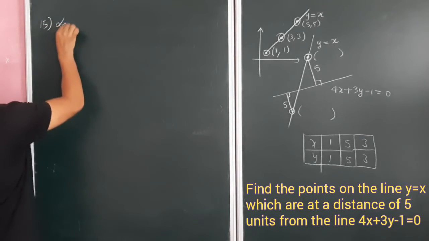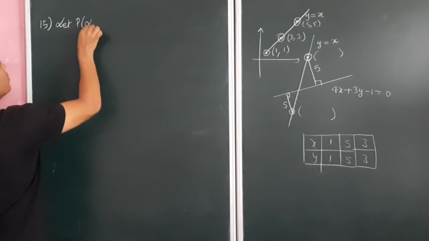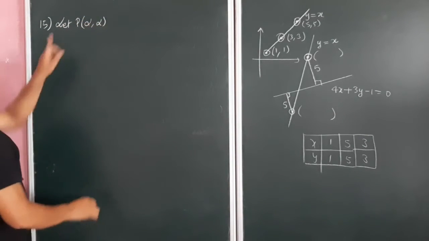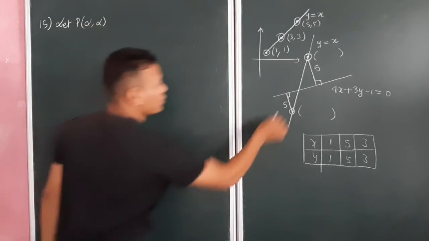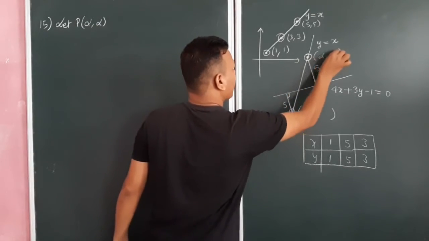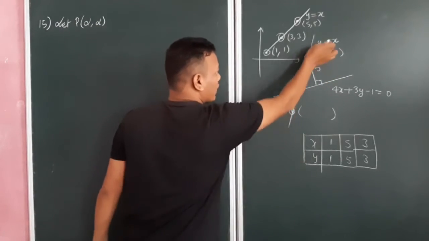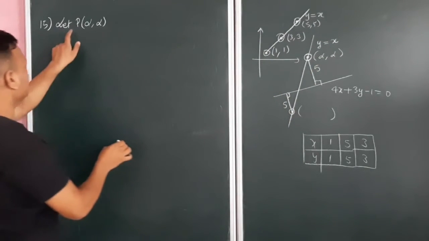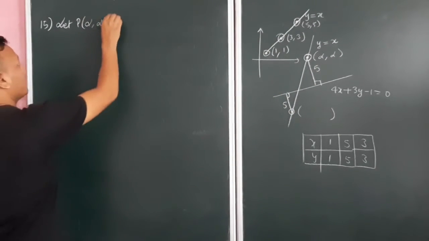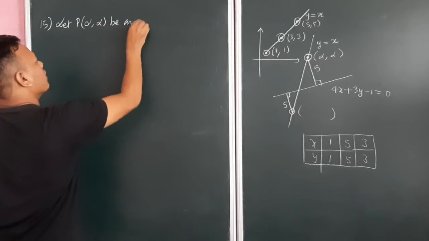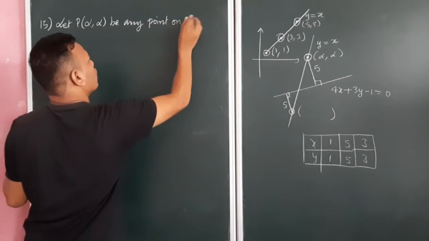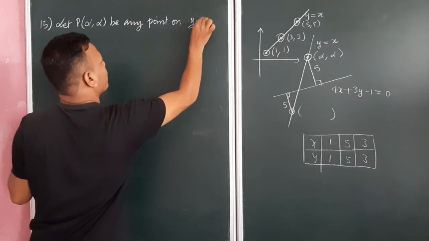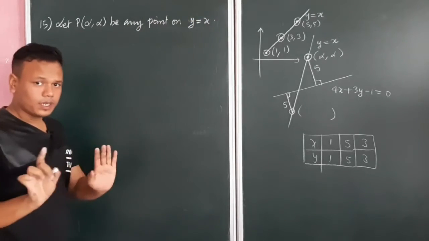So for question 15, let P alpha comma alpha, as I said both have to be the same, be any point on the line y equals x. Clear?